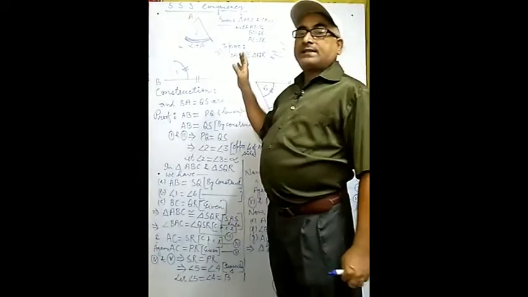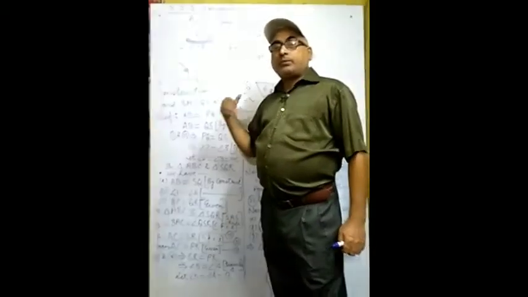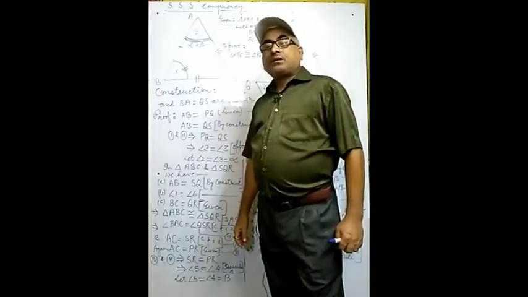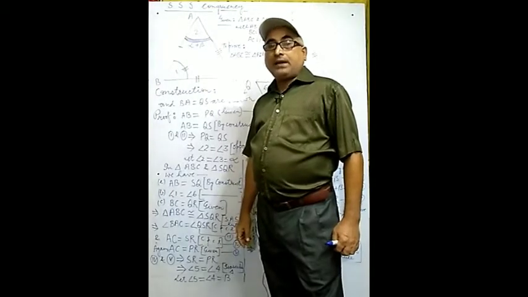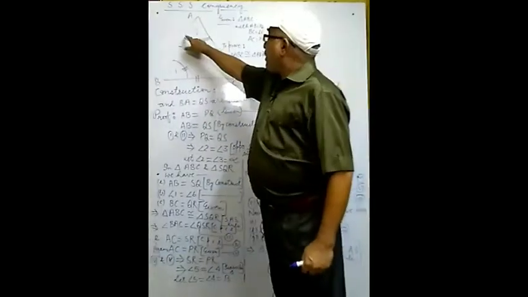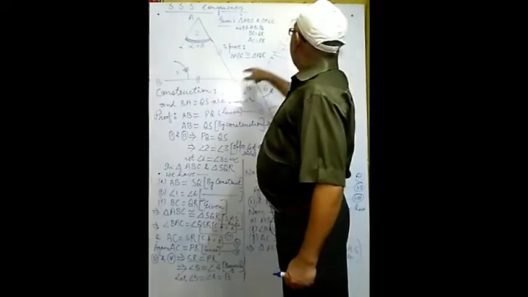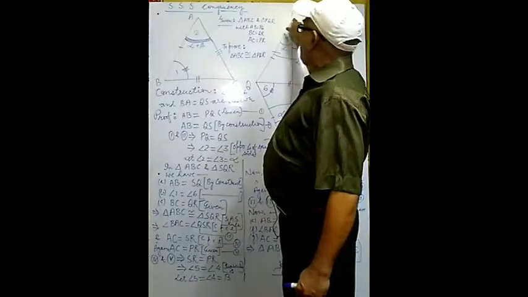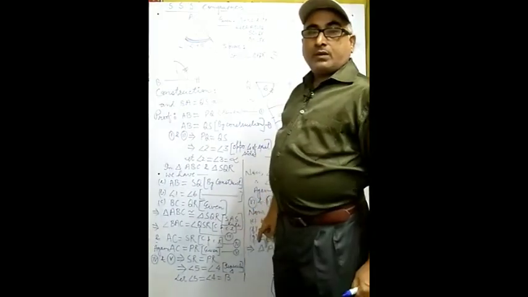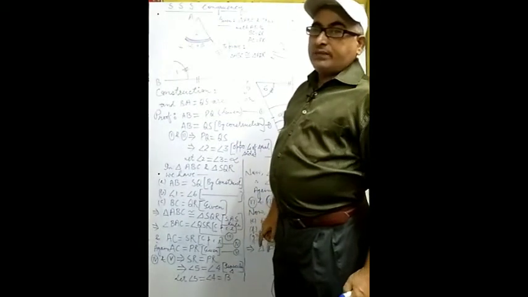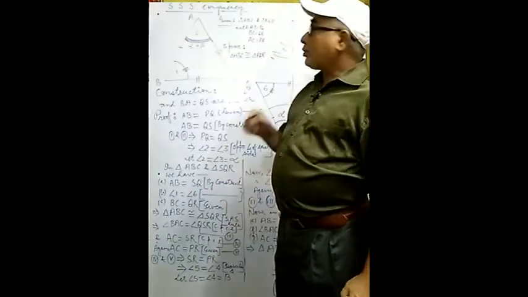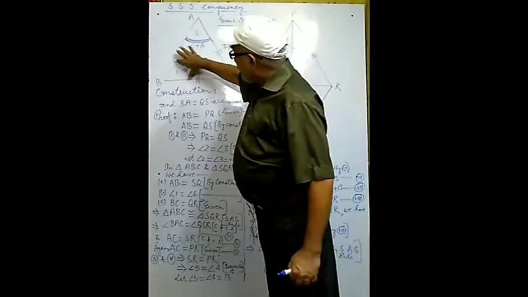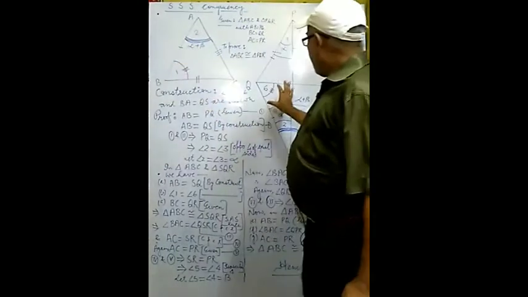Since the sides are given, this will be converted into the form of side-angle-side. We will show that the complete angle A is equal to the complete angle P. How can we show this? What is required here? Angle 1 equal to angle 6.